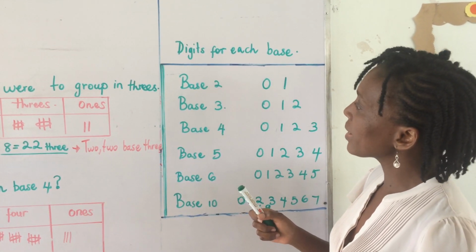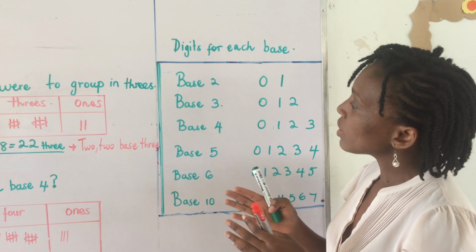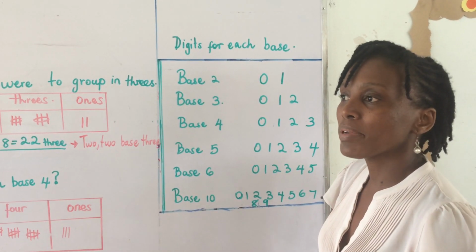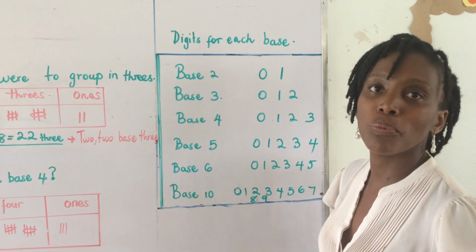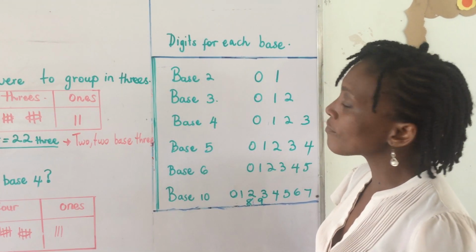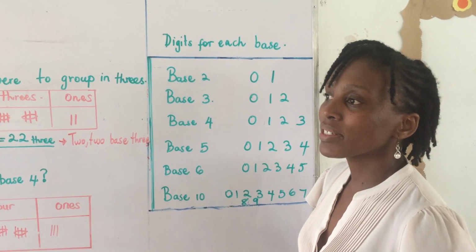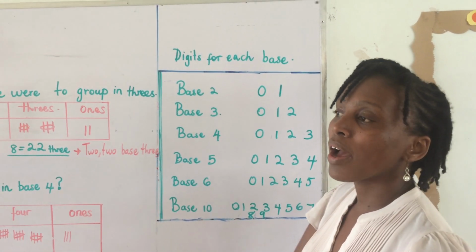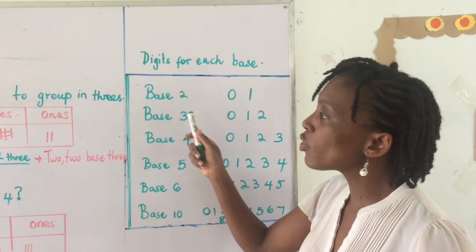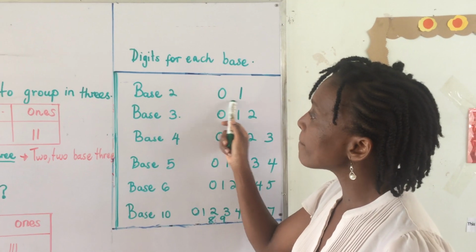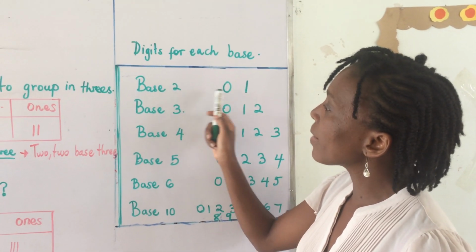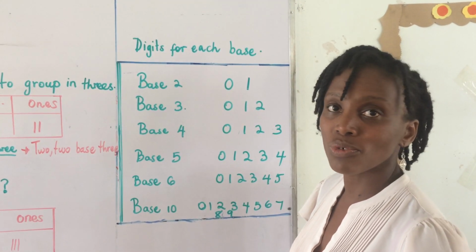Because once you make a group of 2, that becomes 1 group of 2. So if you have 3, it means that you have 1 group of 2 and 1 remainder. So you will not have any other number bigger than 1 in base 2.